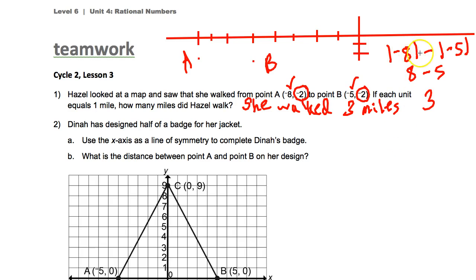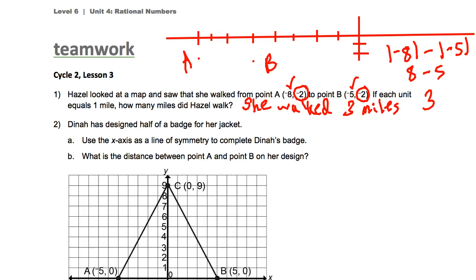That's a much faster way than using a model, but I wanted to show both ways in case there were students who needed to see that model to make sure that they were doing it correctly. All I would focus on is if you can find a number that's the same, whether it's the y-axis here, where we have -2, -2, or maybe they might put it on the x-axis sometime.